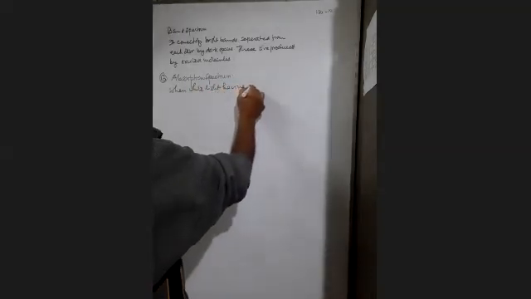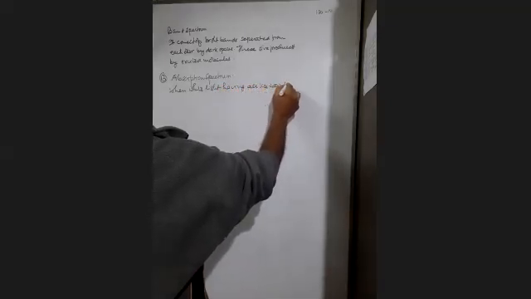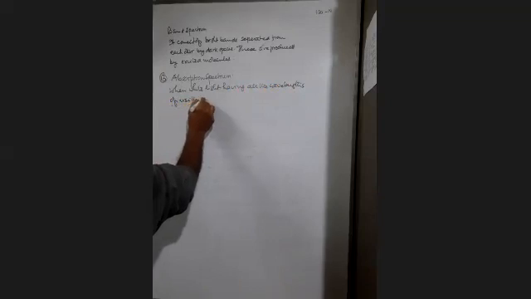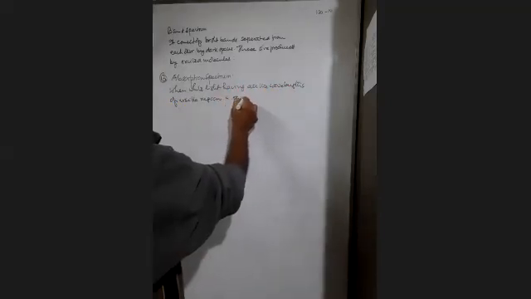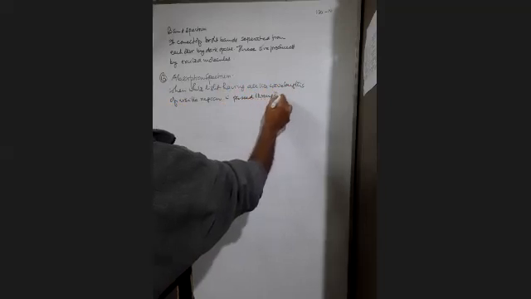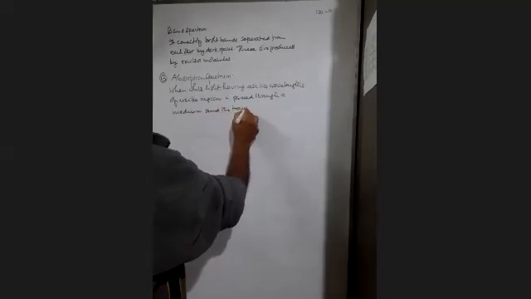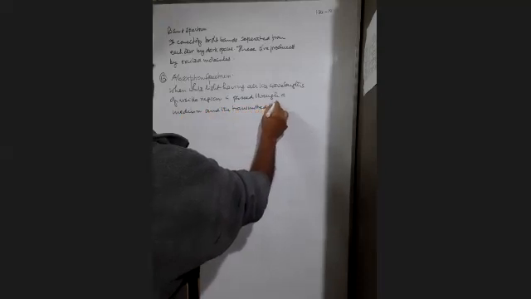When white light having all the wavelengths of the visible region is passed through a medium and the transmitted light, means what?